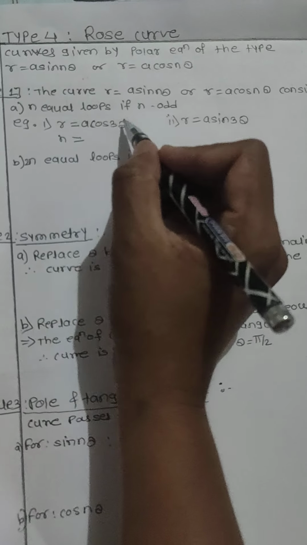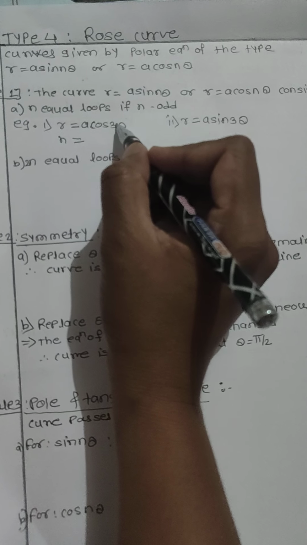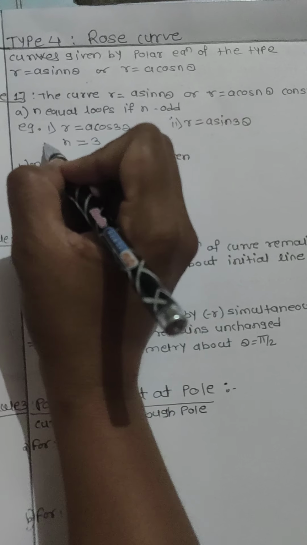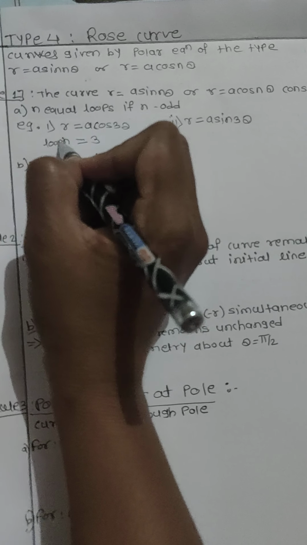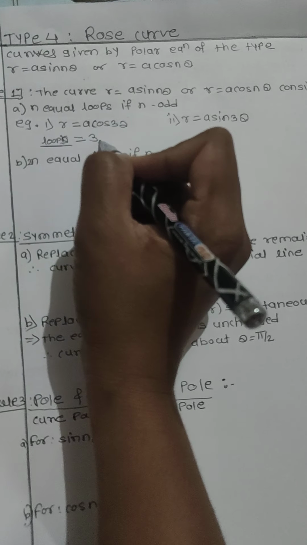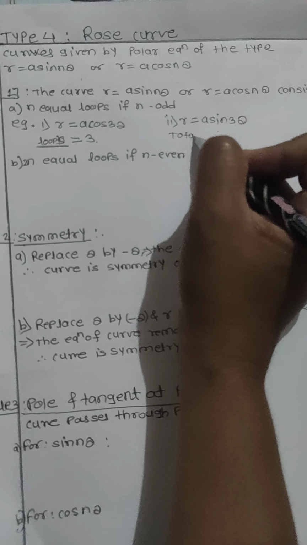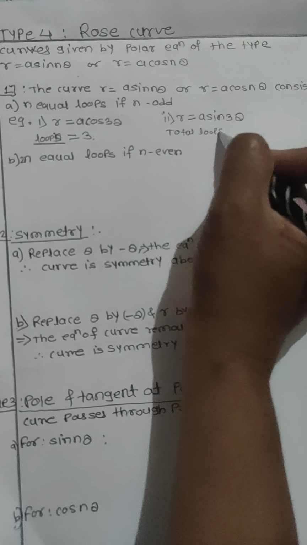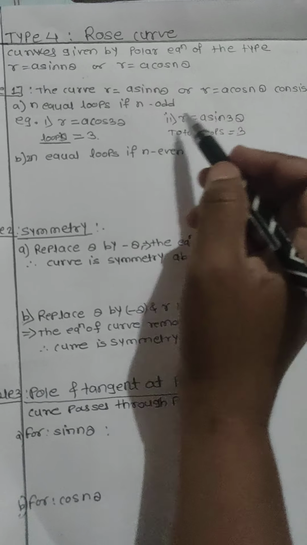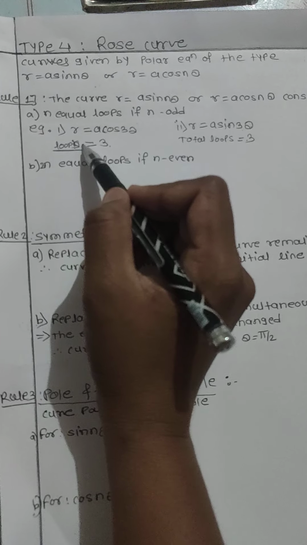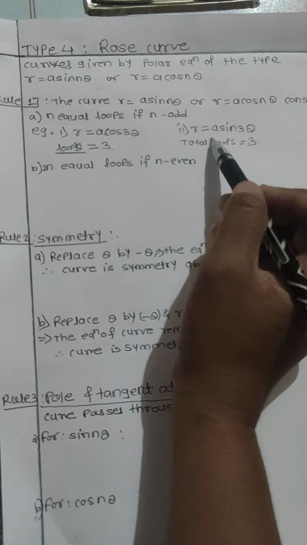Number of loops is 3, since this 3 is odd, so the number of loops is as it is the value of n. So n equal to 3, and total loops of this curve are again 3. That means if our n is odd, the total number of loops equals n as it is.